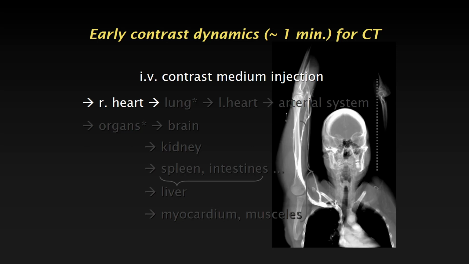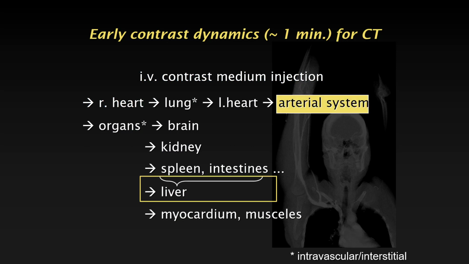So if you inject contrast medium into an arm vein, like in this example, then we know that the contrast will first end up from the venous system in the right heart. Then from there it will go obviously to the lung, the left heart, then into the arterial system. So for CT angio, we are mainly interested in what happens between contrast injection and the arterial system. But obviously the contrast will not stay there.